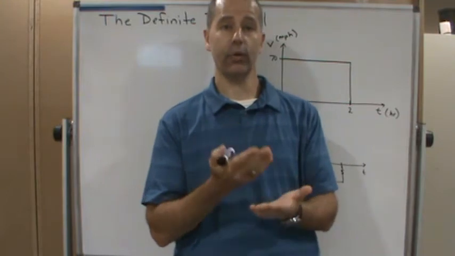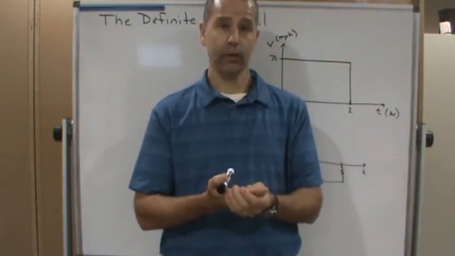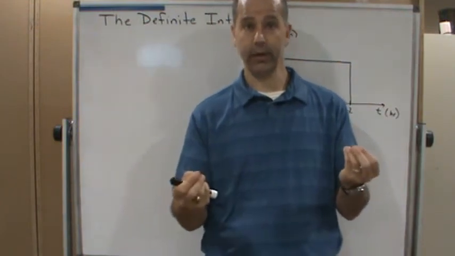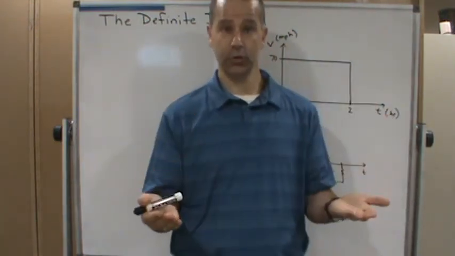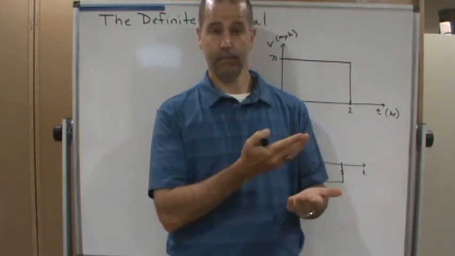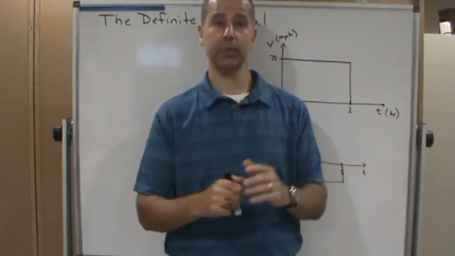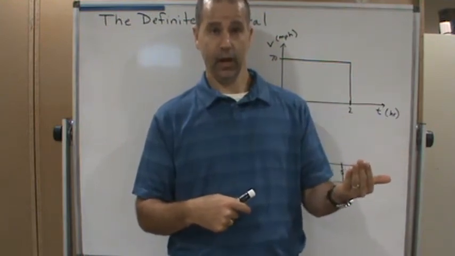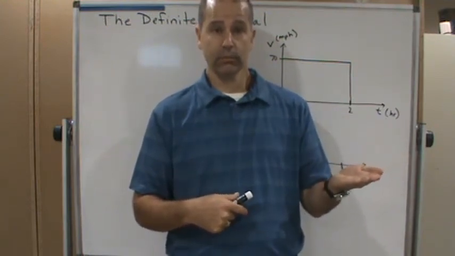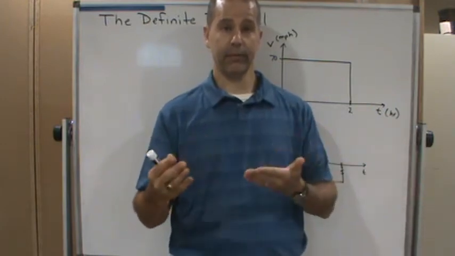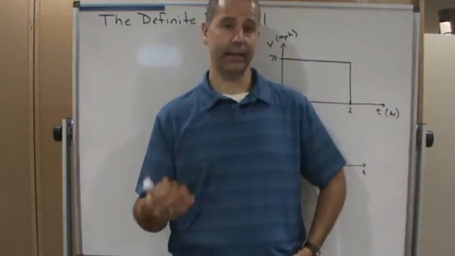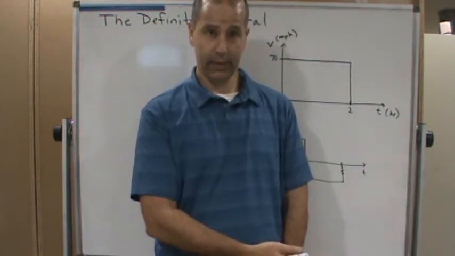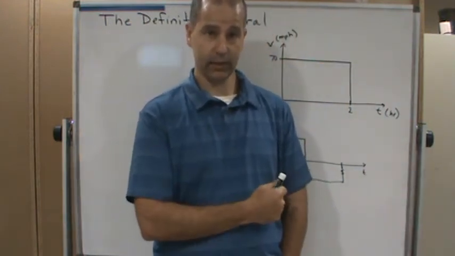If we wanted to know the displacement of a car, so again, how far the car is from its original starting point, then we could use the net signed area to give us displacement. All we would have to do is take the area under the velocity curve above the t-axis and subtract the area below the t-axis.